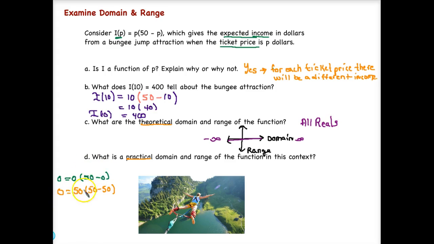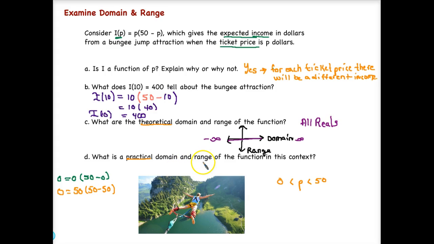So we know then that our domain, our practical domain, is probably going to be somewhere between $50 and $0. So if we charge $0 for a ticket price, we won't make anything. And if we charge $50, we're also not going to make anything. How does that work? It's fairly strange. But we're going to look at a graph in a minute to help display that.